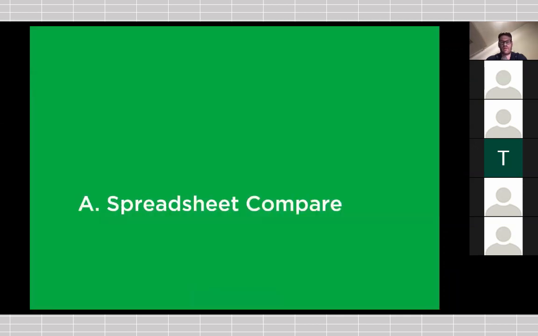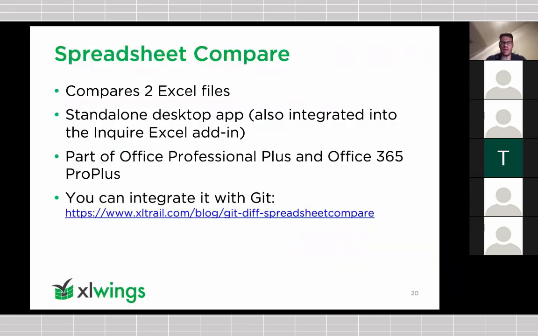All right, so now we're going to get into the tools section, and one of the tools that you should definitely know about is Spreadsheet Compare. Spreadsheet Compare is basically a tool which comes with most versions of Excel, most versions of Microsoft Office, and it allows you to compare two files.